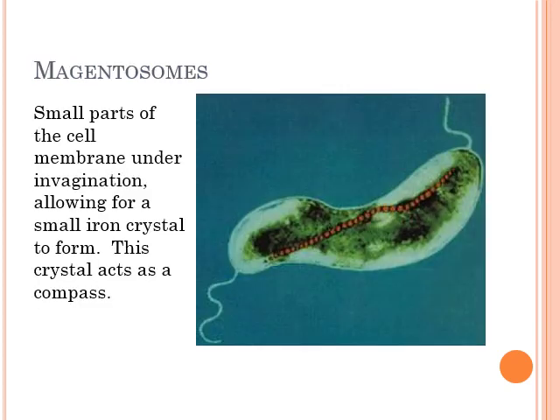Magnetosomes form by invagination of the membrane. Here, just like with the thylakoid, you've got these invaginations. What occurs is, so we've got our cell, you've got invaginating, sort of like this.